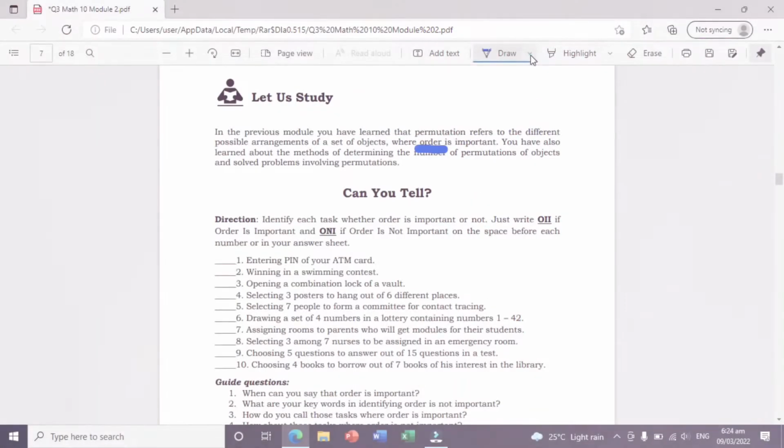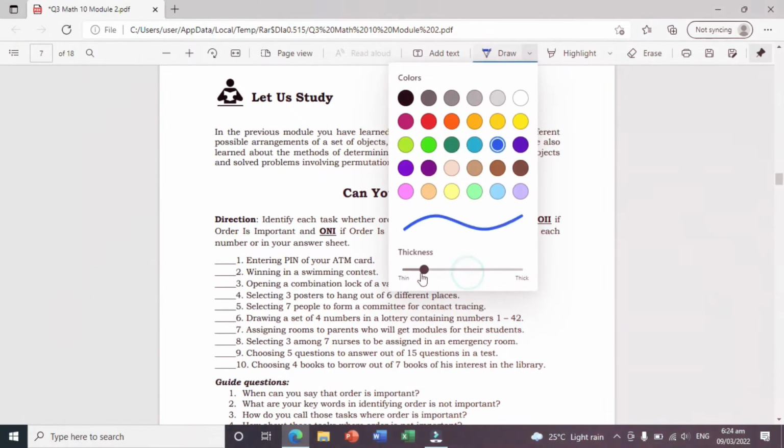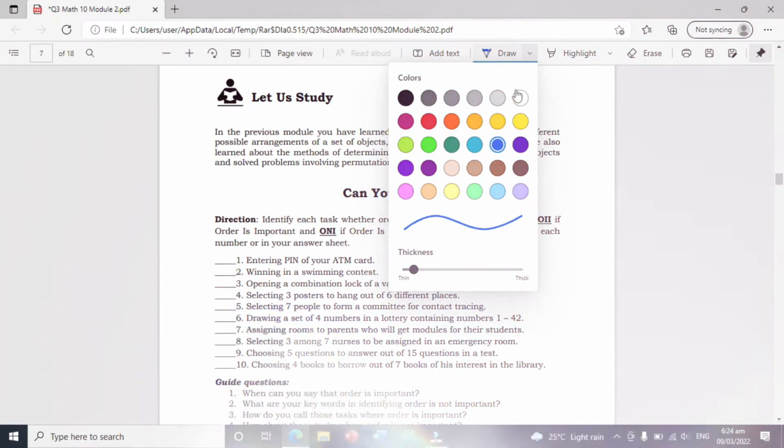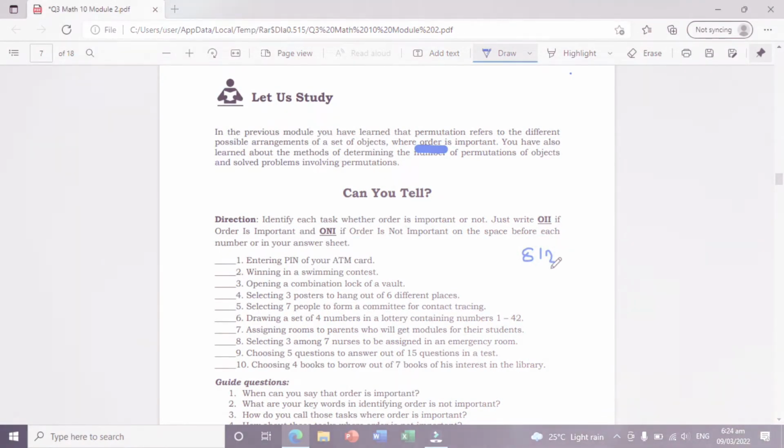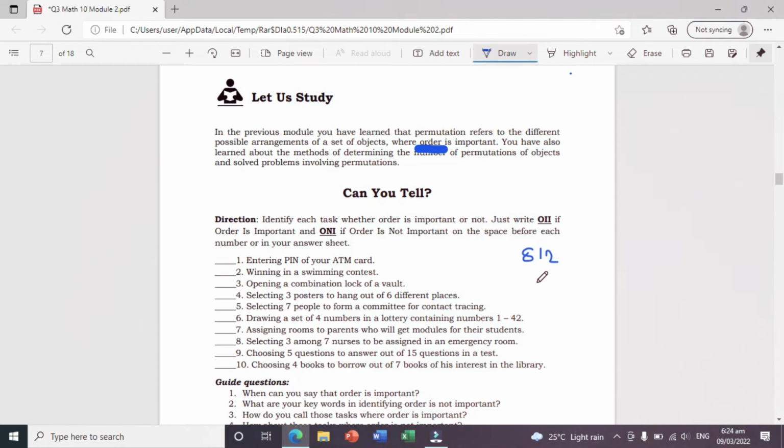So example, number 1, entering the PIN of your ATM card. So ang order ba nito important ba o hindi? So example, kung ang PIN mo is 812, so pwede kang mag-transact sa ATM card.